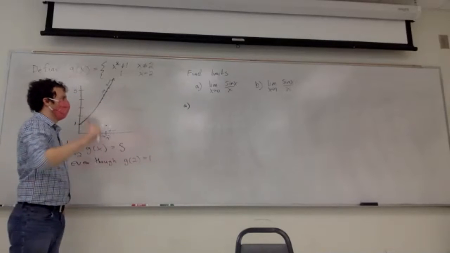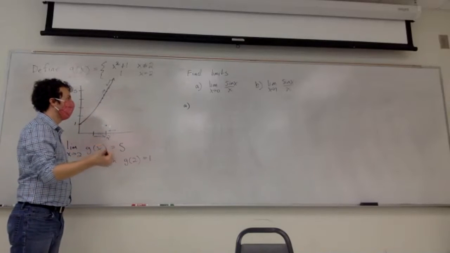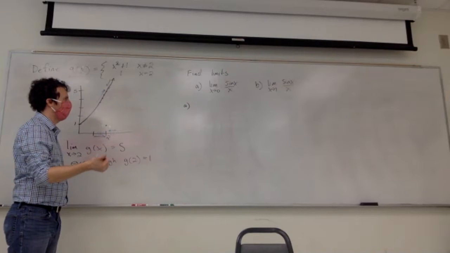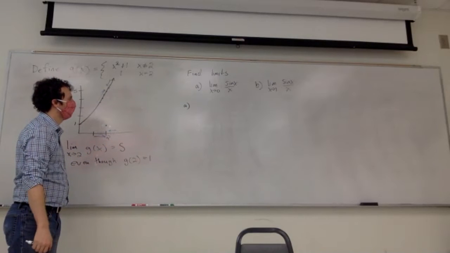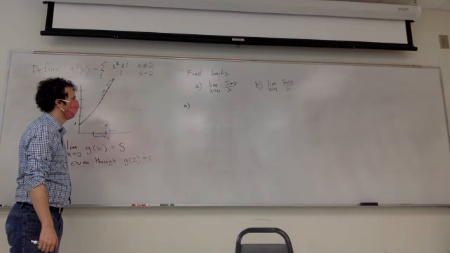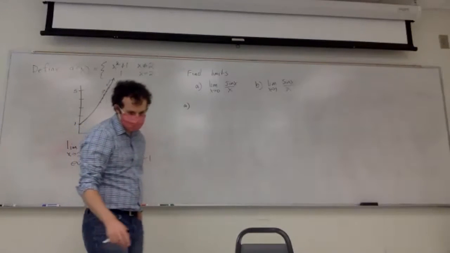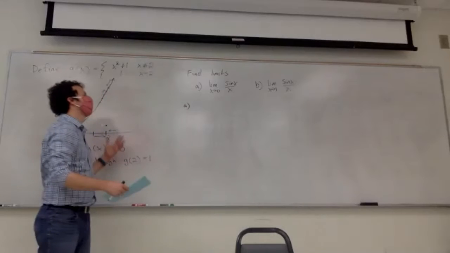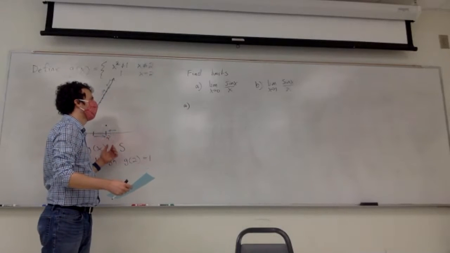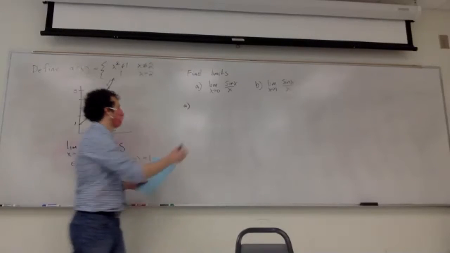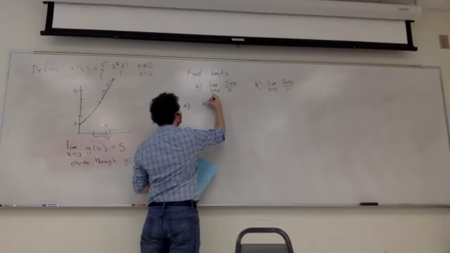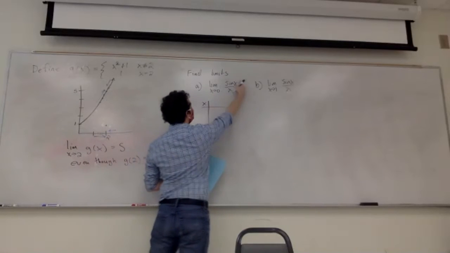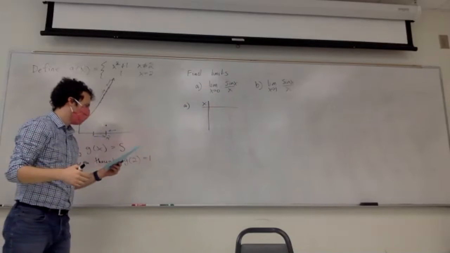So for A, let's make a table for this. This is one where you really are going to need a calculator, because all of these decimals in sine just becomes a mess.